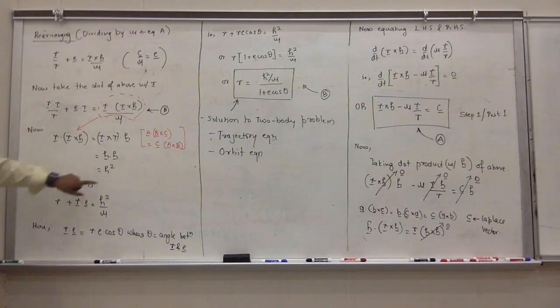So if you substitute this here, this is R square over R, which is R, plus R dot E, or E dot R, which is the same thing, equal to H square over mu.